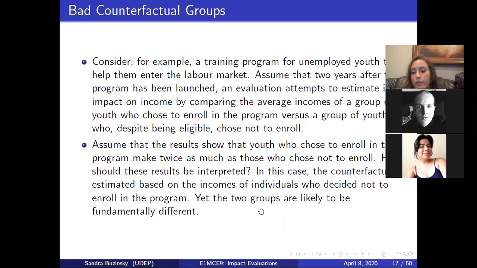And as I said before, maybe it's unobservable characteristics that differ between the two groups. Why did these people that received treatment choose to enroll while the other group didn't? Because they both had the choice and they look similar based on observable characteristics. So then why would not everyone enroll? There must be something different between them, right? Because they had the choice.